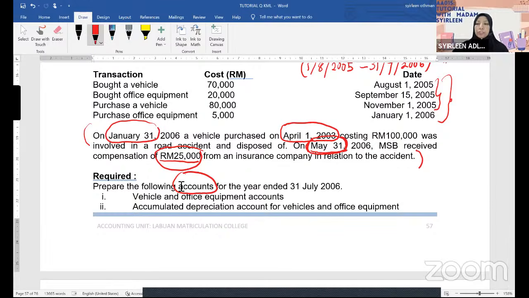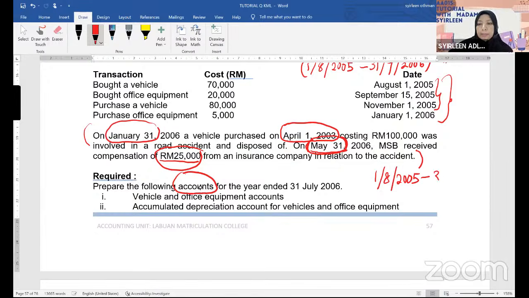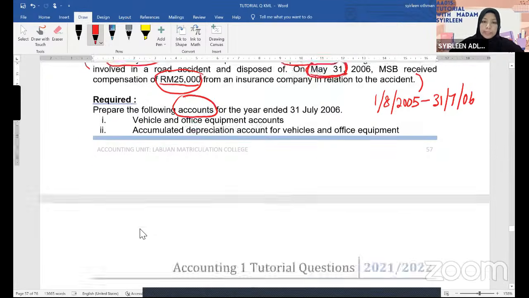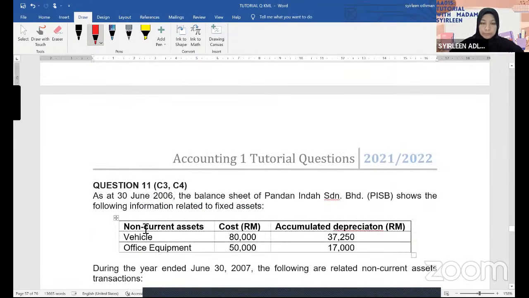I want to show the entries in those ledgers from 1 August 2005 to 31st July 2006. I need to show you the journals, then only you can see how I post the journal to my ledger. So we have those four transactions from earlier.